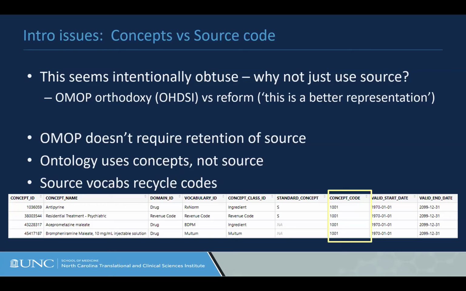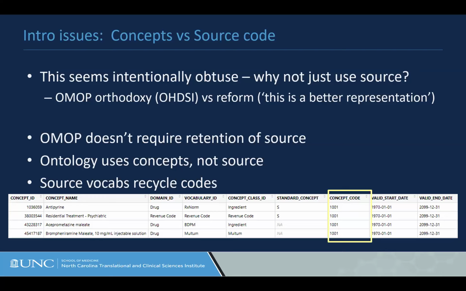Within N3C, we had several sites that simply had no source values whatsoever. Their data only existed in OMOP concepts. And I think that is not an unusual standard for OMOP-centric data networks, right? So one answer is you might not have a choice sometimes, particularly in standardized, harmonized networks.